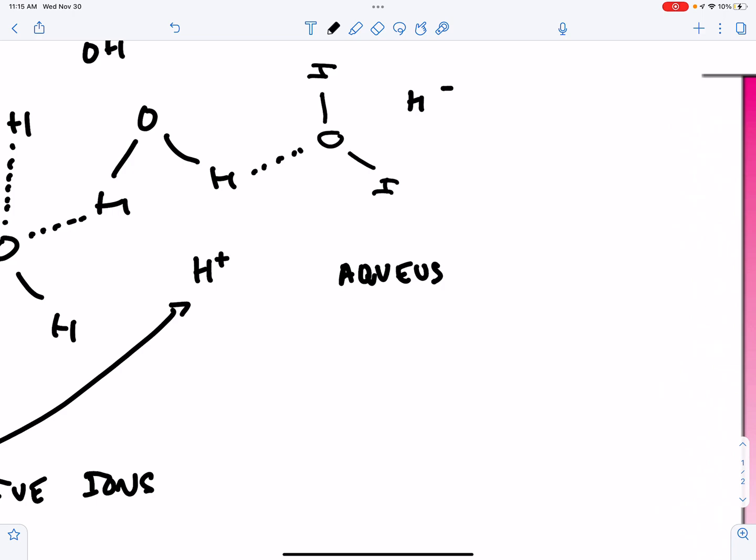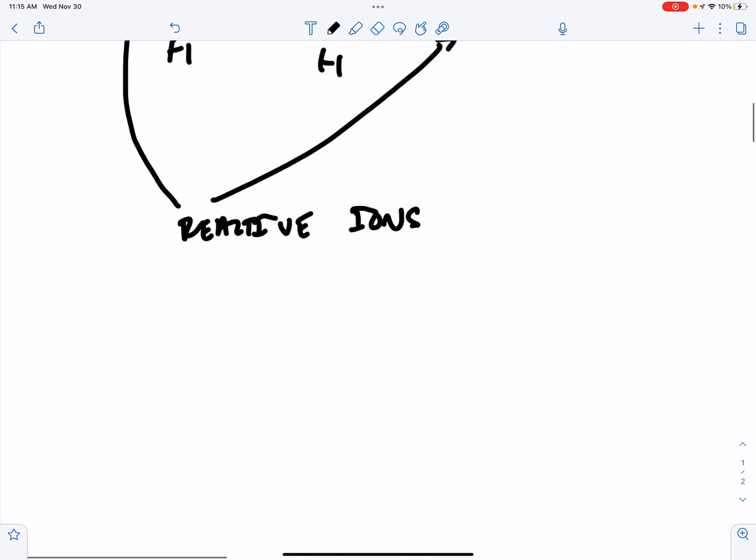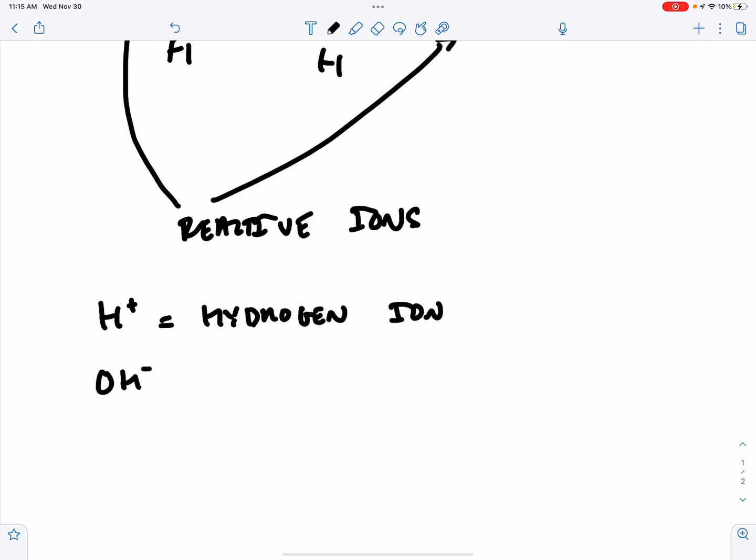There's an O in there somewhere. Aqueous. Solution is a water solution. Okay, these reactive ions are H+, also known as a hydrogen ion, and OH-, which is hydroxide.